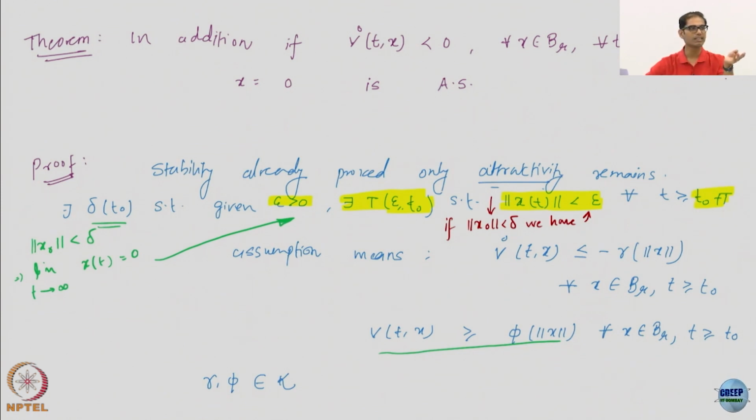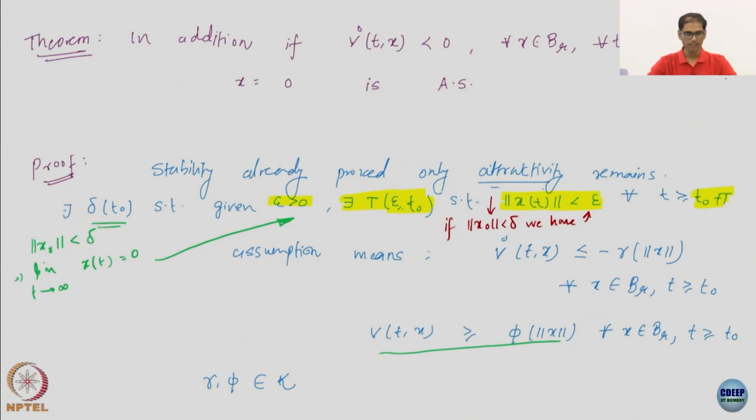Basically it means that as you keep increasing time, you are moving closer to the desired point. In this case, it's 0. This is precisely stating convergence. The only thing is it is keeping it local by saying that there exists delta such that if initial conditions start in delta, then all this happens.